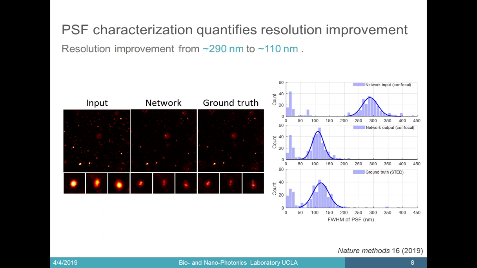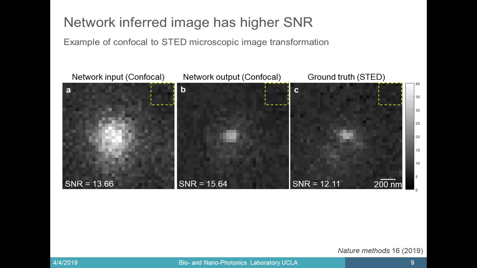As shown on the right side, the full-width half maximum of the confocal microscope is centered at around 290 nanometers, roughly corresponding to a diffraction-limited imaging system, while the full-width half maximum distribution of the network output images and the STED images are at around 110 nanometers. This clear shift of the PSF distribution indicates the resolution improvement.